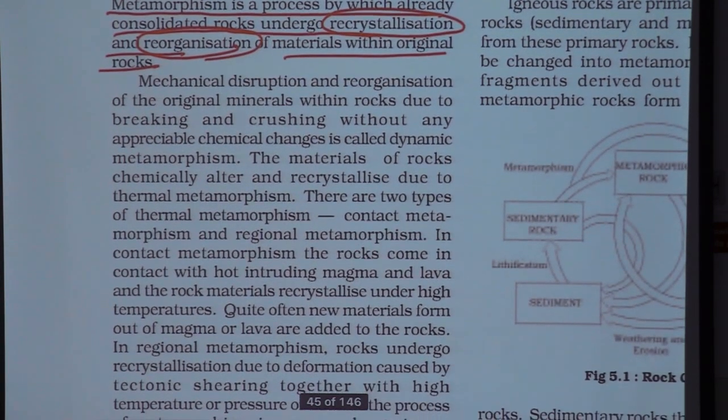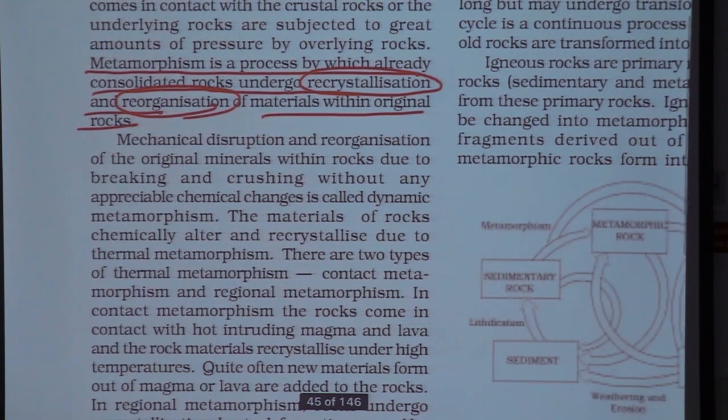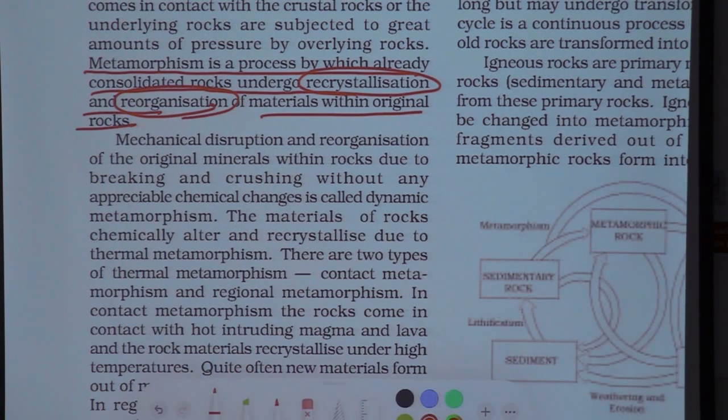NCERT continues to give me the categories that I can correlate with metamorphism. So metamorphism can be identified with two types. There are two types: thermal metamorphism, which is correlated with temperature change, and thermal metamorphism can be contact and regional metamorphism.